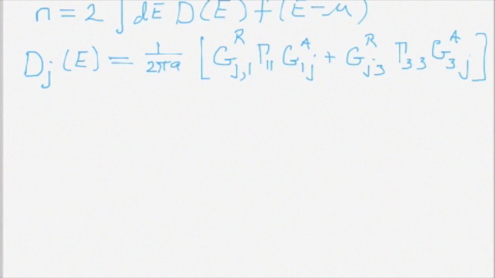When you have a device and the potential is varying, then it will become a function of position. So for example, a PN junction in equilibrium, the potential is varying as a function of position. This would give you your density of states at each site, at each position.